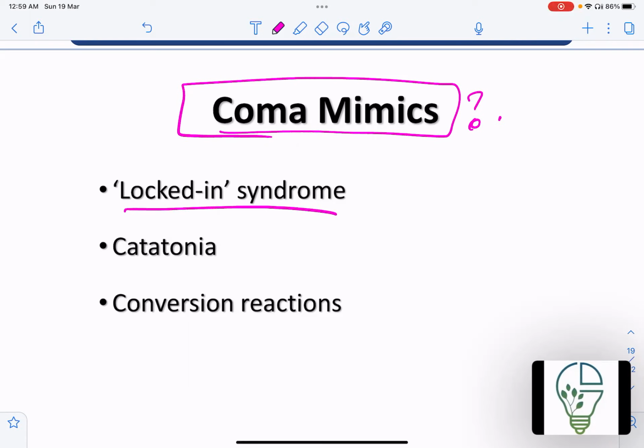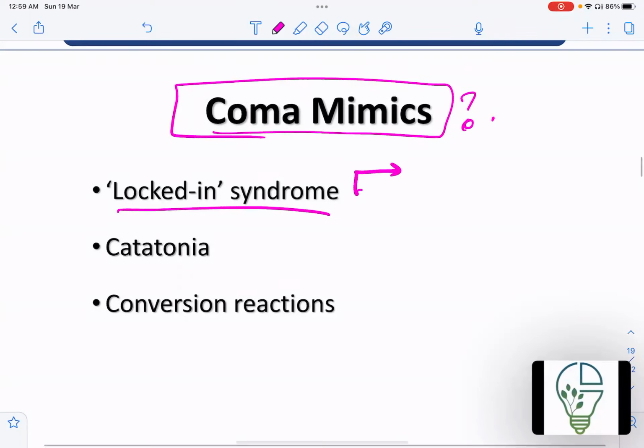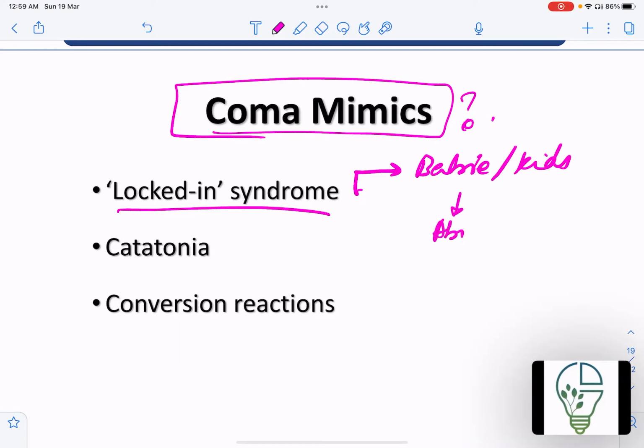Locked-in syndrome mainly happens in either babies or kids that are abused. I'm sure you've heard about shaken baby syndrome. When they're vigorously shaken, their head wobbles up and down, and because they're so weak and you can't really protect them, it causes a laceration along the area and they permanently go into locked-in syndrome, right?